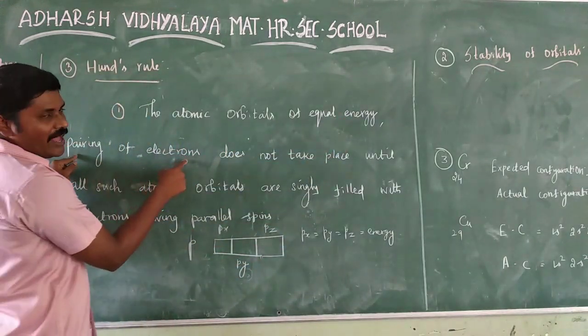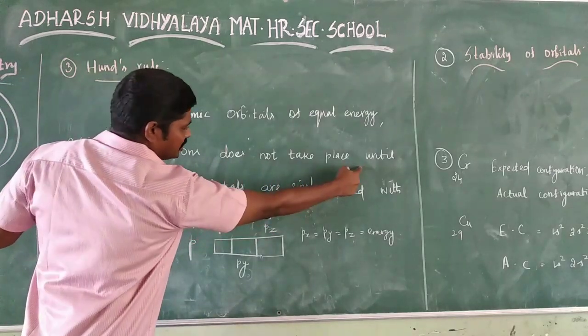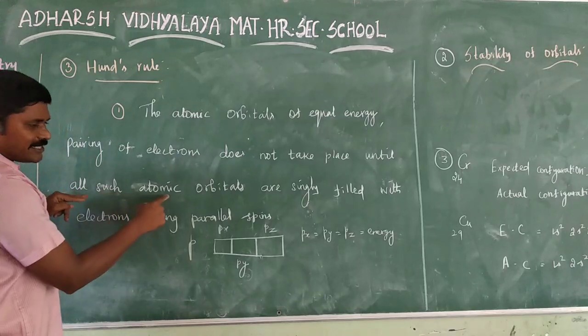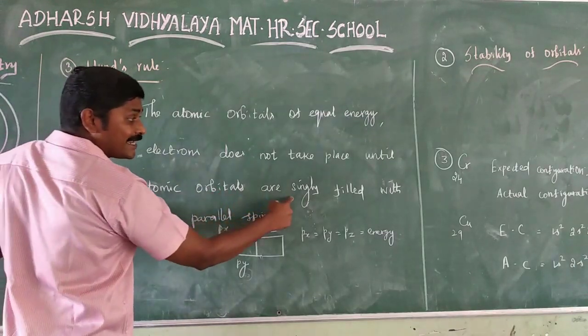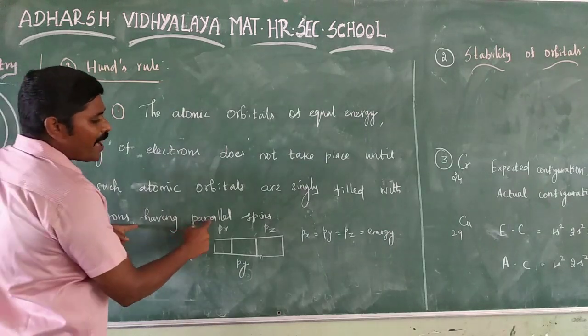The pairing of electrons does not take place until all such atomic orbitals are singly filled with electrons having parallel spins.